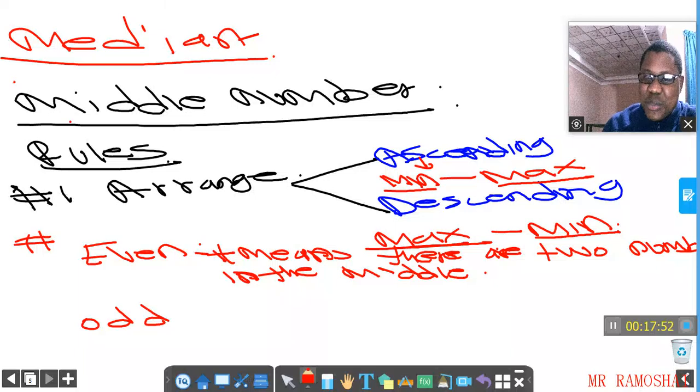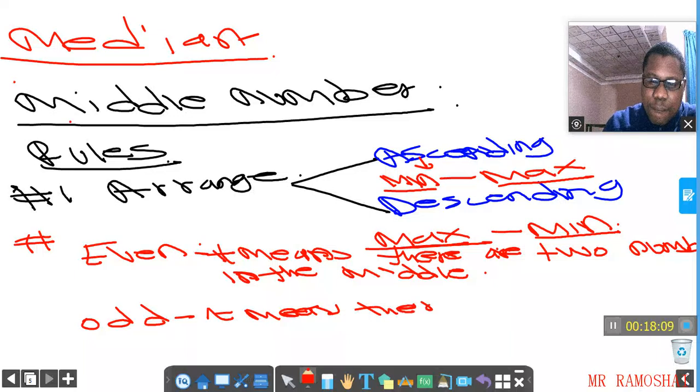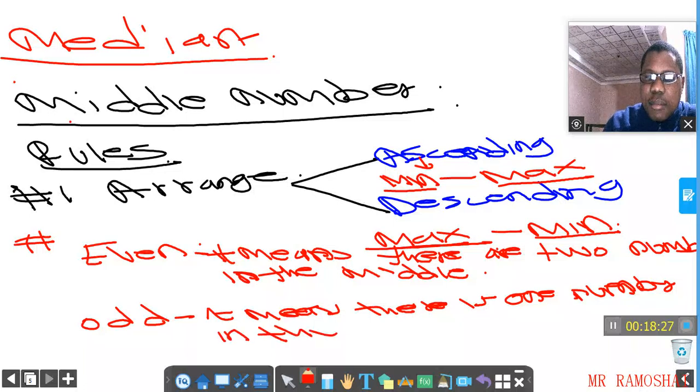I'm saying there are two numbers in the middle. So if your data is odd, it means there is one number in the middle. There is one number in the middle, right?